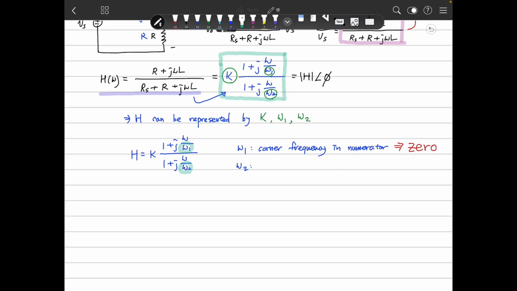It is also a corner frequency, in the denominator.